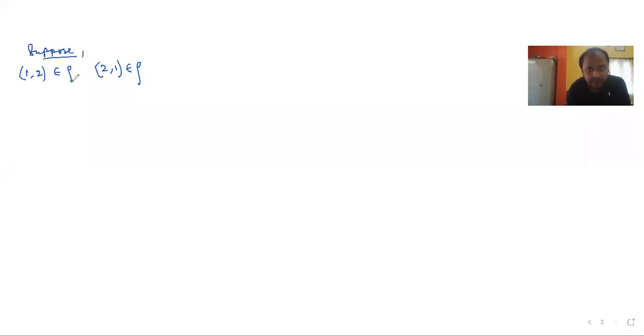Suppose it is present. Can we write that A equals B? The answer is no. Why? Because 1 is not equal to 2.